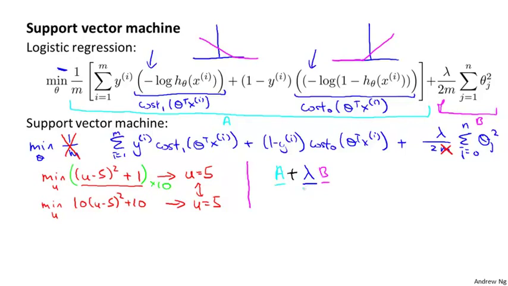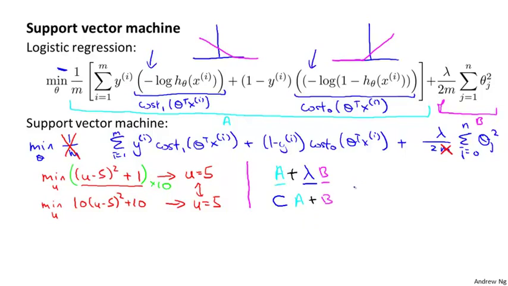Instead of using lambda to control the relative weighting between the first and second terms, we use a parameter called C, and we minimize C times A plus B.